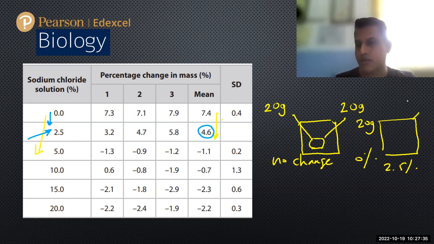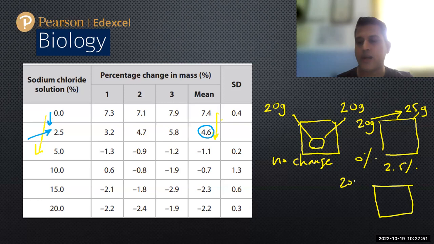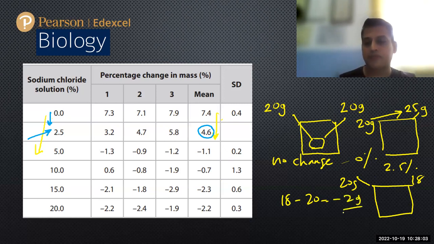Let's assume a hypothetical number like 25 grams. So there is a 5 gram increase, which is the weight of increase. And on the other hand, if it is 20 gram and it is reduced, let's say to 18, then 18 minus 20 is minus 2 gram.